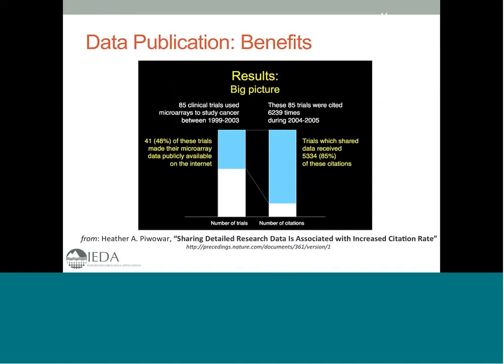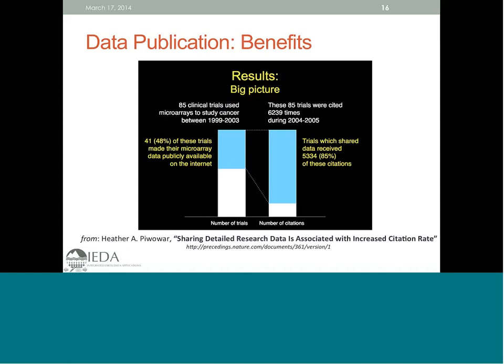So this is the example that I mentioned. It's from library science researcher Heather Piwowar, who studied how the open sharing of data can enhance the citation rate. And so this is a study that she did. She compared clinical trials that did not make their data publicly available, which was about 52% of these trials, and 48% made their data available.